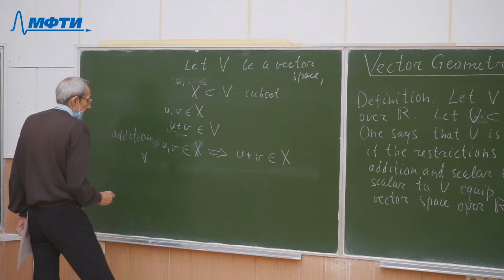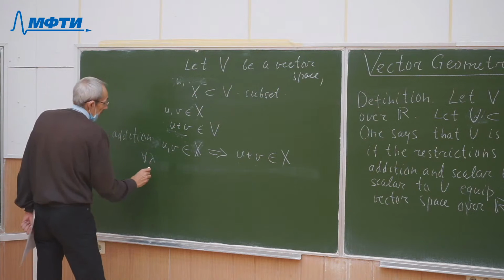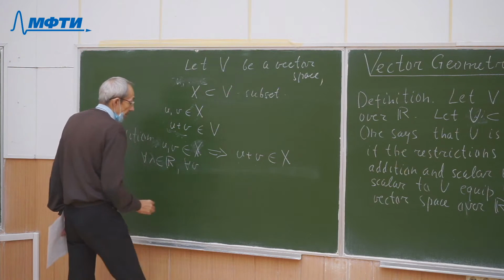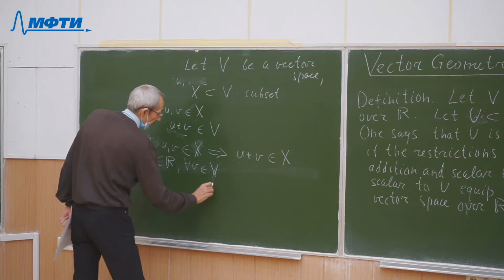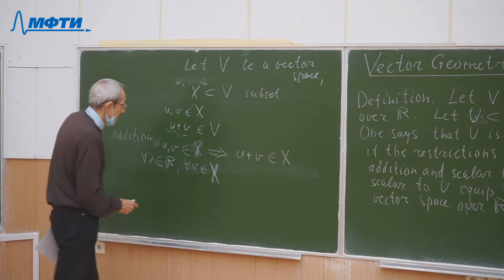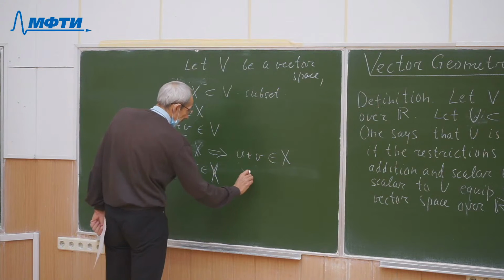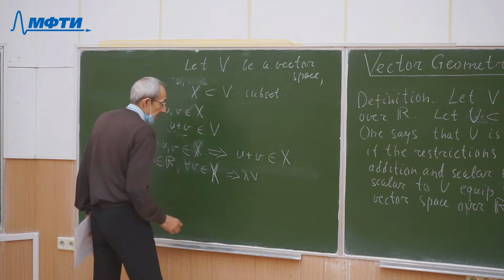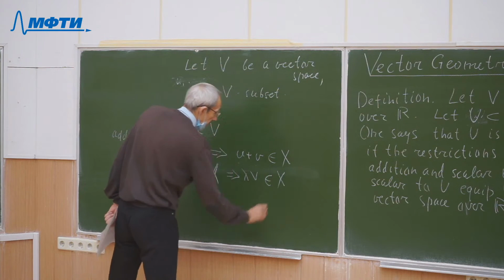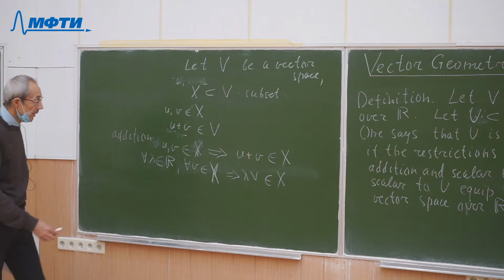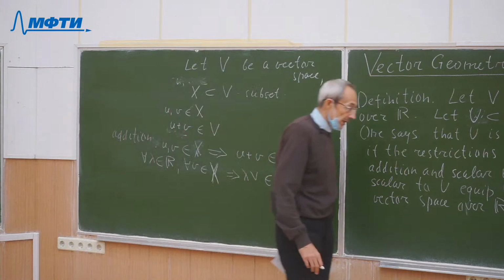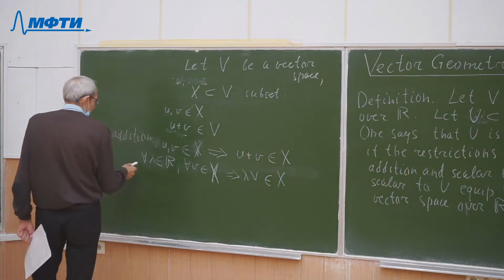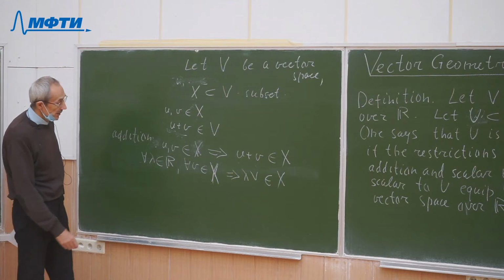Also, if we pick an arbitrary scalar lambda and every vector v from X, lambda v also must belong to X. In this case, we say that the operation of scalar multiplication is defined on X.